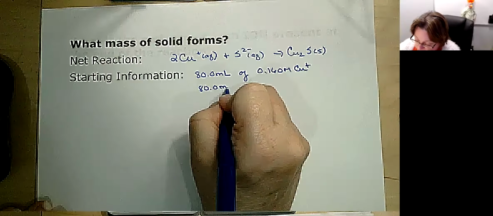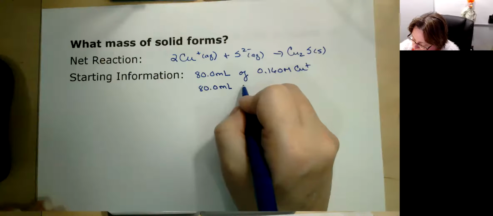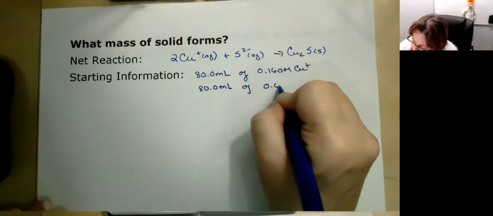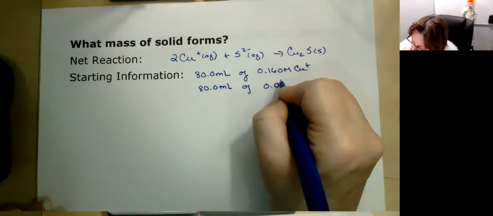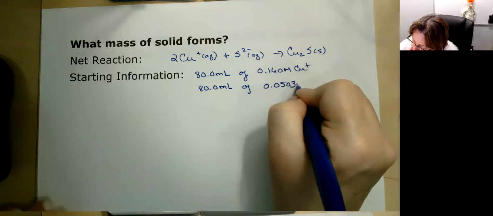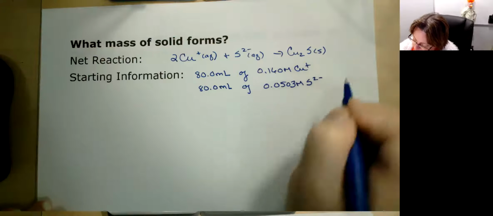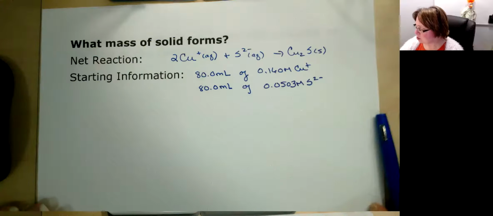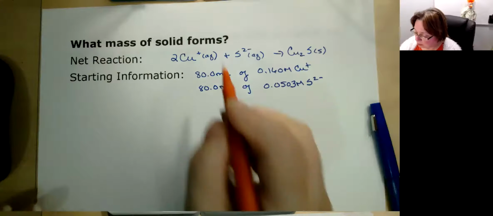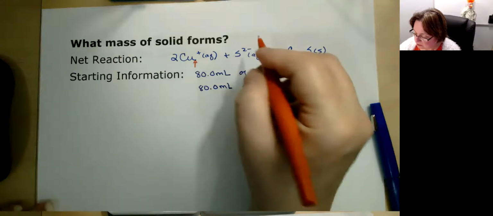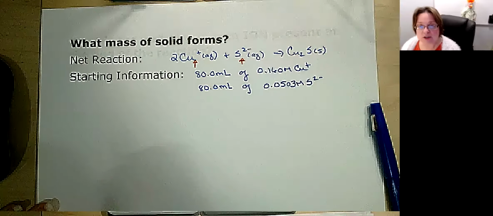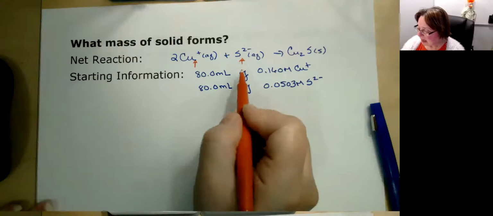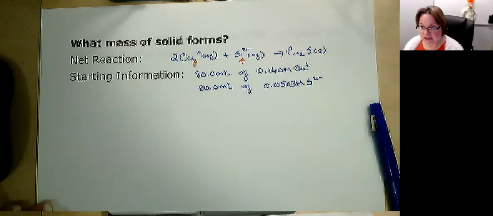And now, because they're swimming in the same container, we have 80 milliliters of 0.0503 moles per liter sulfide ion. Okay. So we have information about both of our starting materials. We have information about the copper concentration or moles, right, since we know the volume as well. And we have information about the sulfide ion.